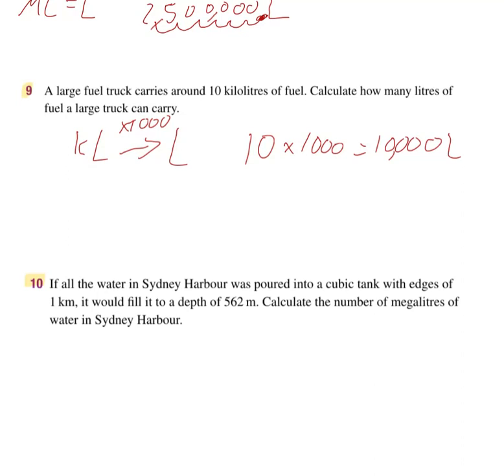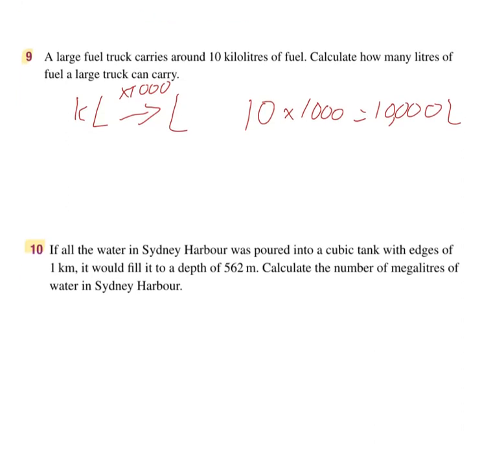Now the last one, maybe slightly trickier. You've got a measurement here of kilometres and metres, and then you end up having to get it into megalitres. Now, the way I ended up doing it was first putting it into metres cubed. So I just did 1,000 across, because 1,000 metres across times another 1,000 times your depth of 562, and you end up getting 562 million.